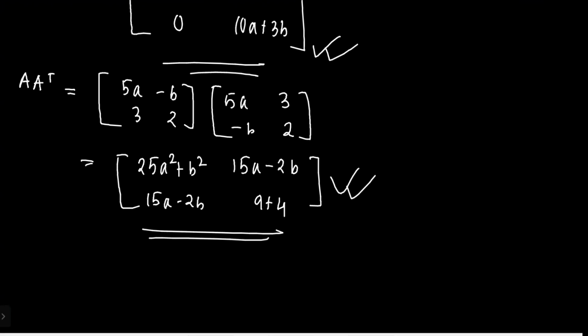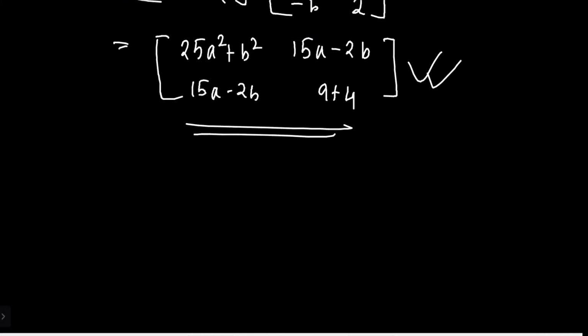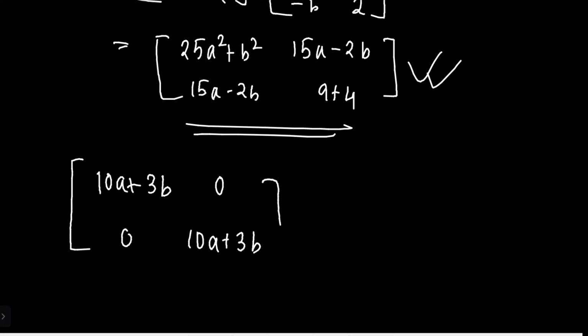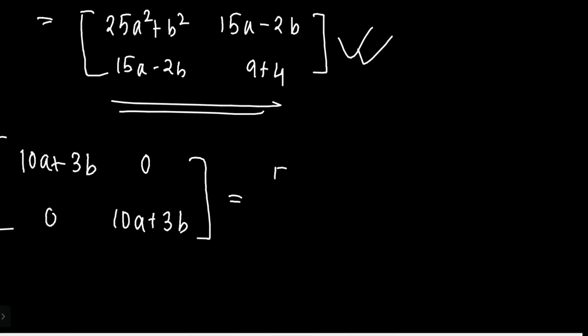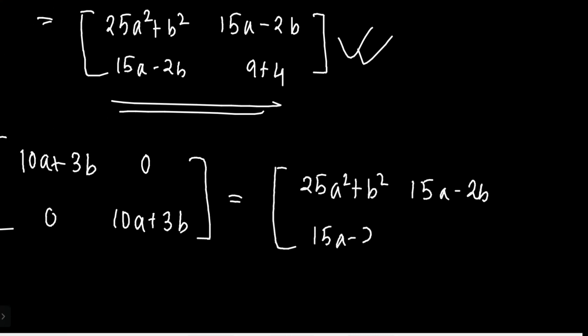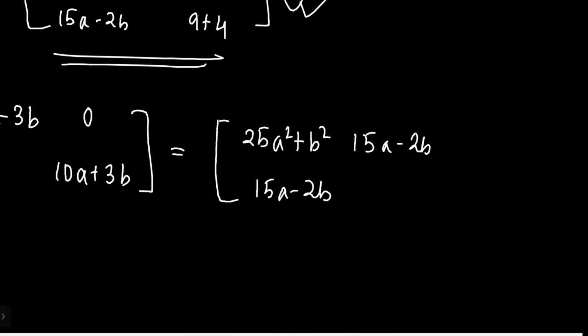Now in the question it is given that they both are equal, therefore we can write that 10A plus 3B, 0, 0, 10A plus 3B is equal to 25A square plus B square, 15A minus 2B, this also 15A minus 2B, and this one is 13.